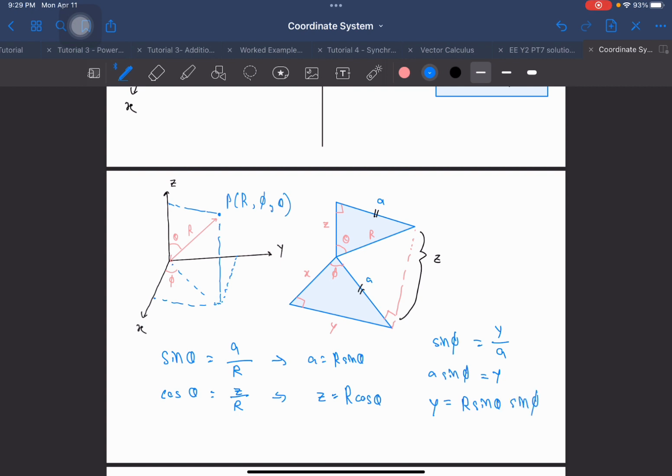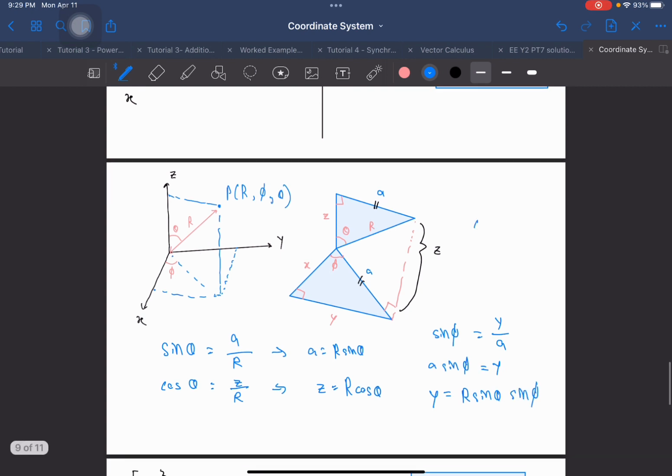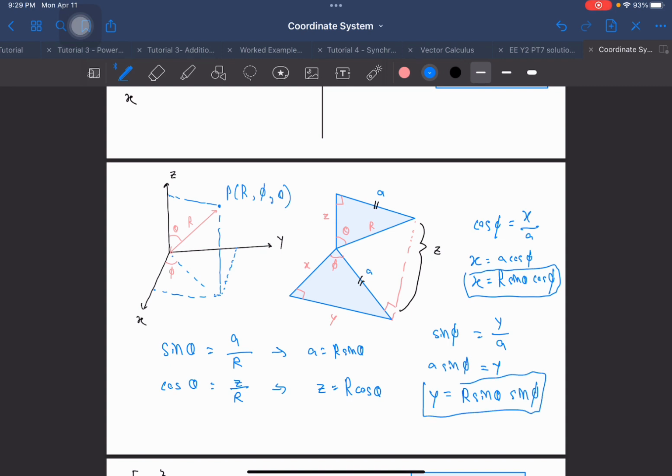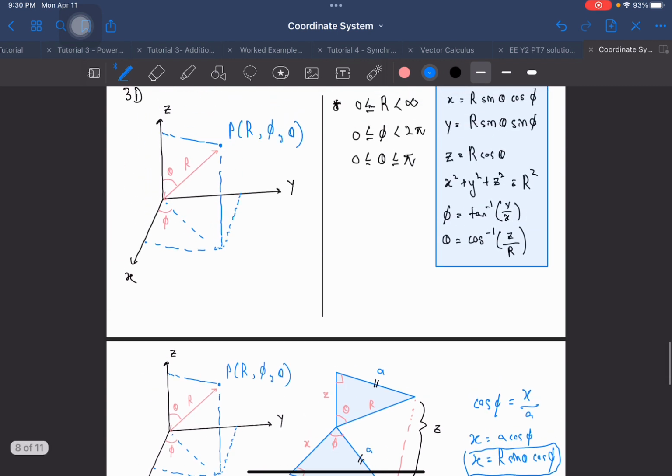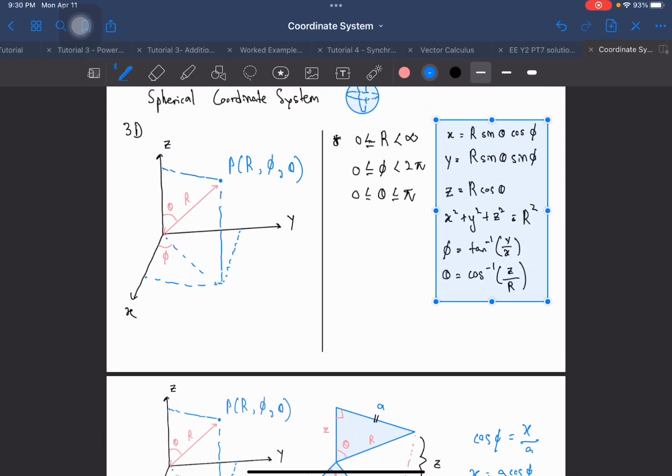So you've got this. Similarly, cos phi is x over a. So x equals a cos phi, which is this. Okay, so from this we got this, and this. So we've got the first 1, 2, 3.